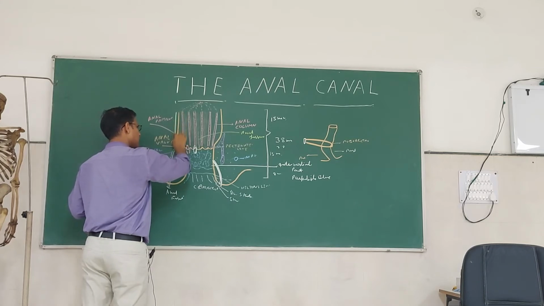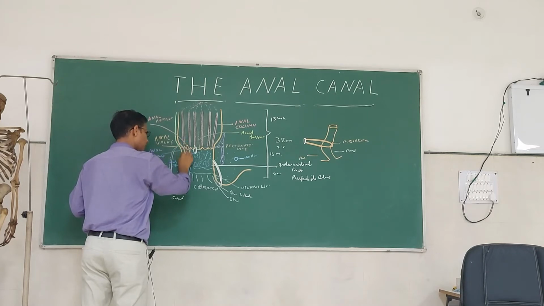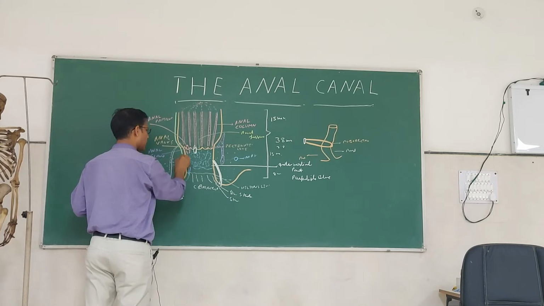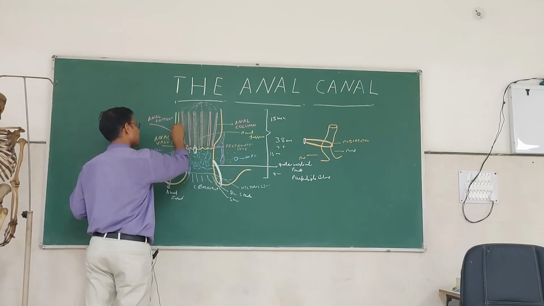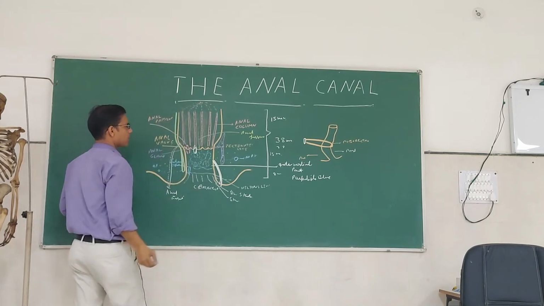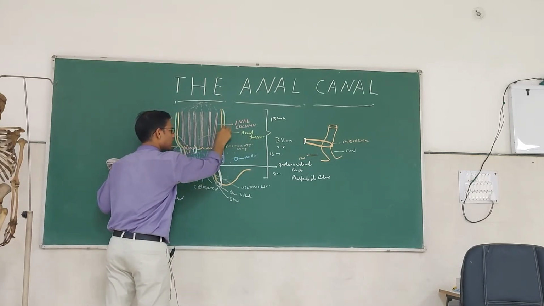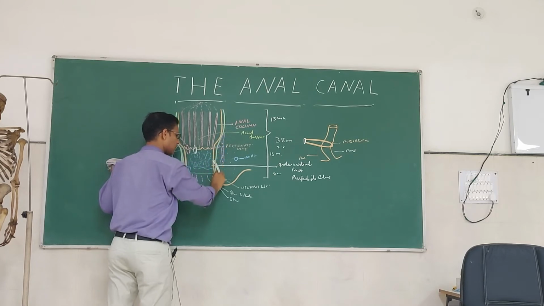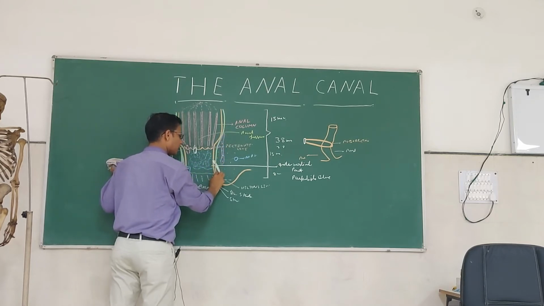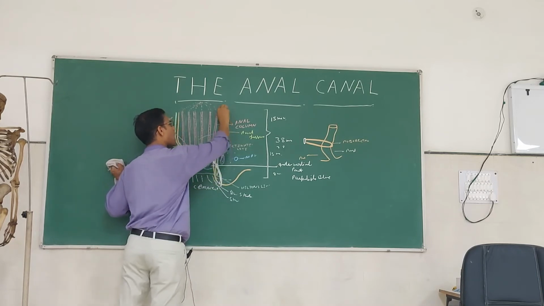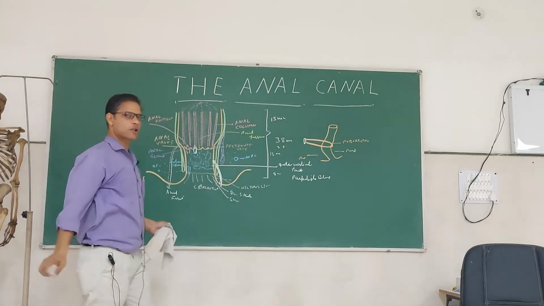The internal sphincter of the anal canal reaches up to the Hilton's line. That is the peculiarity of the Hilton's line: this green line represents the internal sphincter up to the Hilton's line. The Hilton line indicates the distal most part of the internal sphincter.